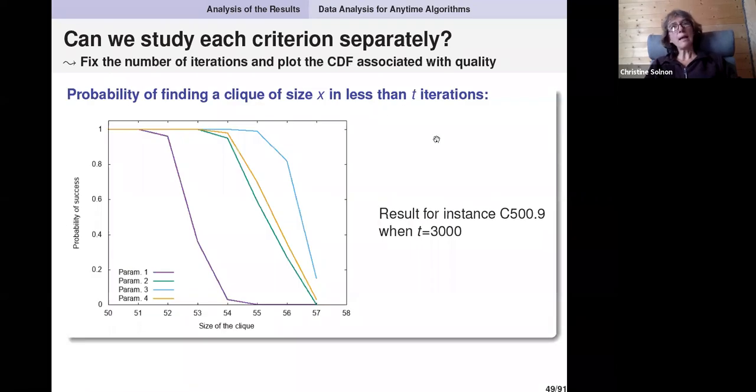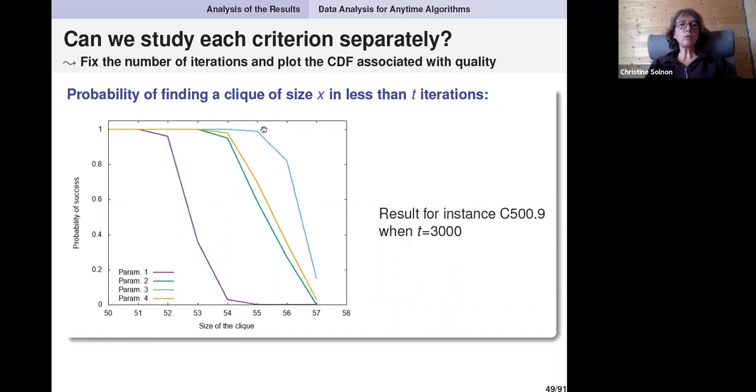And I will have exactly the same conclusion if I fix the number of iterations. So I fix a time limit and I plot the CDF associated with the quality within this time limit. For example, if I fix the time limit to 3000 iterations, then here is the CDF, which gives me the probability of finding a click of size X for different values of X. And I can compare my different parameters.